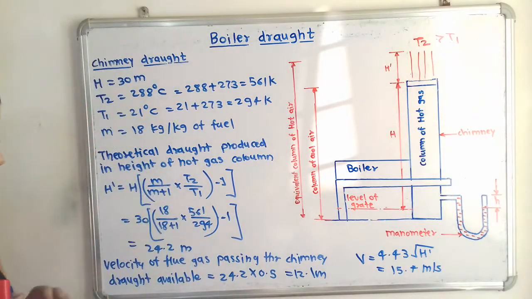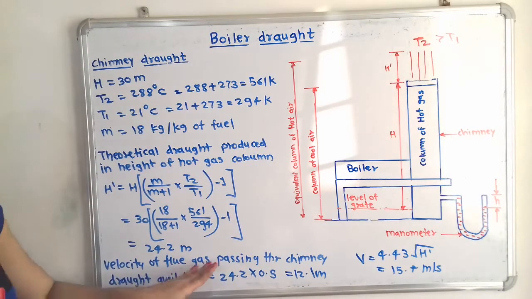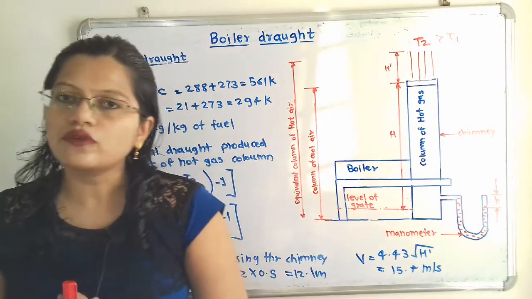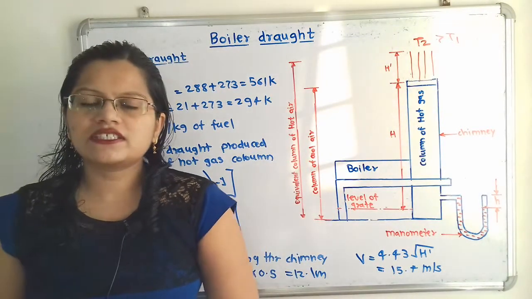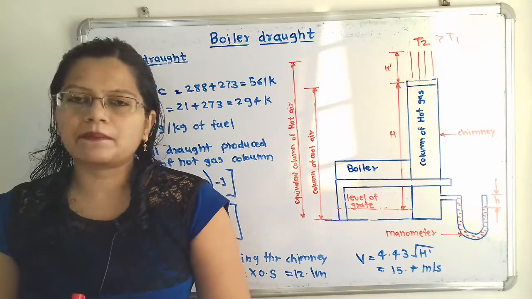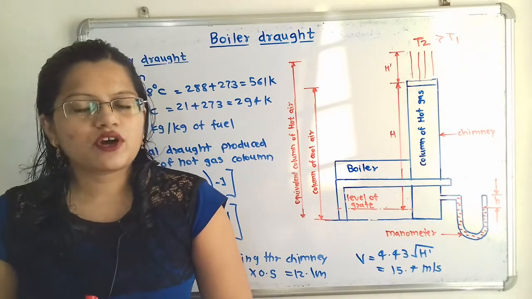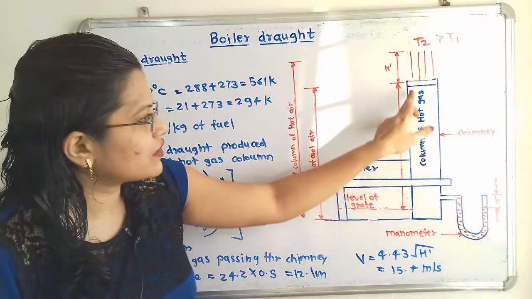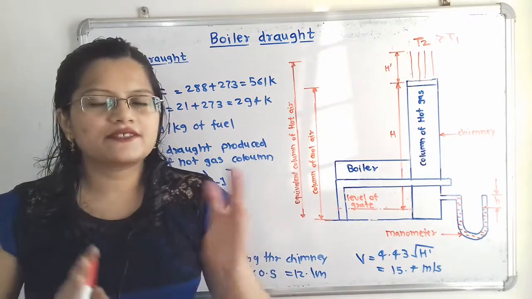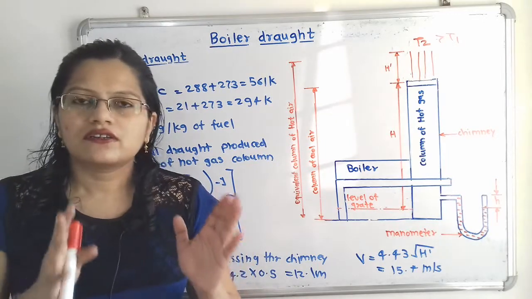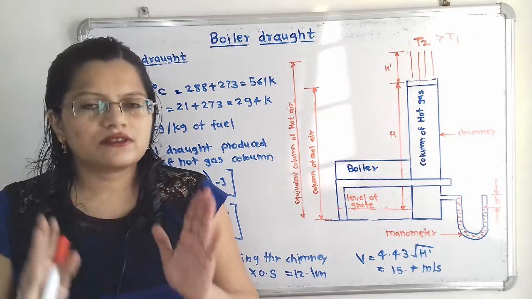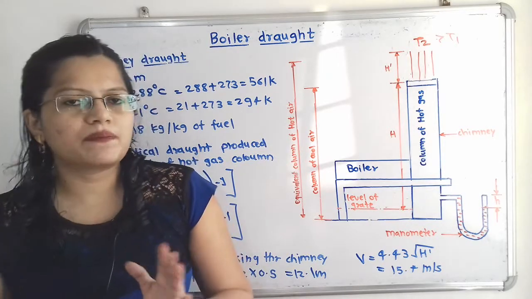Now next question is velocity of flue gas passing through chimney. So what is the velocity of flue gas passing through chimney? Now condition is given that the theoretical draught is lost by 50% because of the friction. So friction is occurring between the inside of the chimney and hot flue gas, and that's why the theoretical draught is lost, and it is lost by 50%.